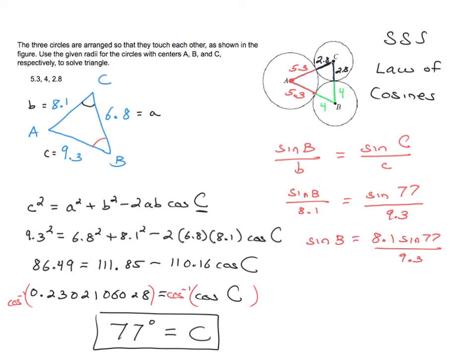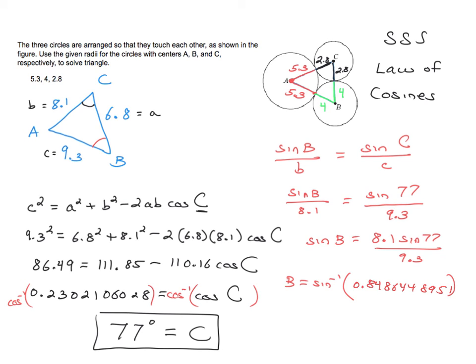So essentially, I'm just doing this all within my calculator. B is equal to sine inverse of this thing. I'm going to punch this into my calculator and then enter the value within sine inverse. So 8.1 times sine of 77 divided by 9.3 is, this is the decimal I'm getting, 0.8486448951.